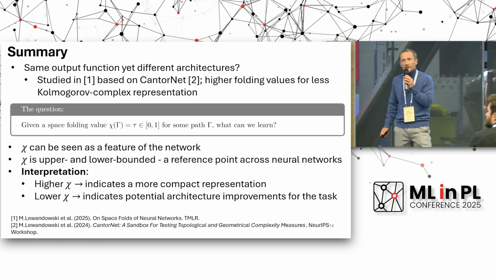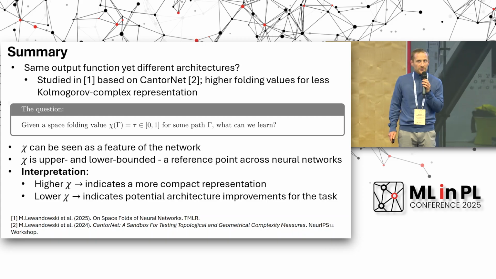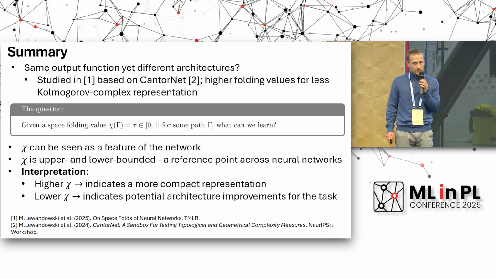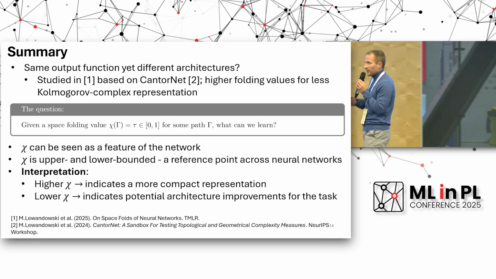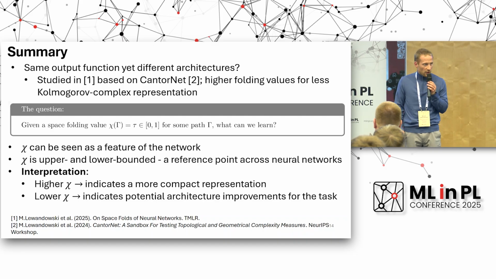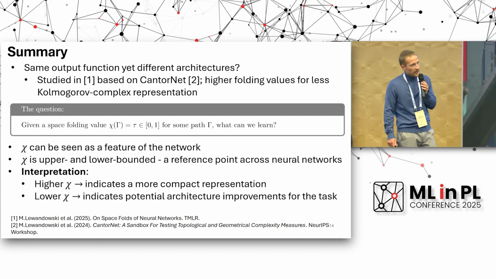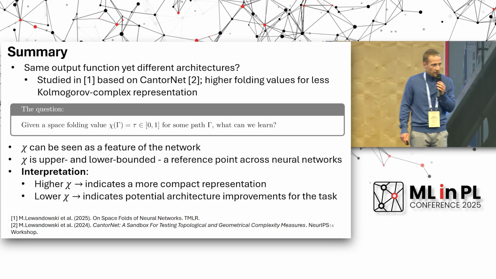And we have seen that the measure is upper and lower bounded, which means it can serve as a reference point across neural networks. Our interpretation is as follows. Higher values of the measure indicate a more compact representation, and lower values indicate potential architectural improvements for the task.